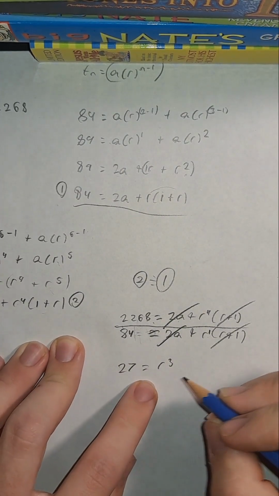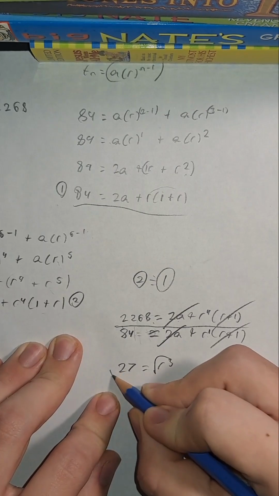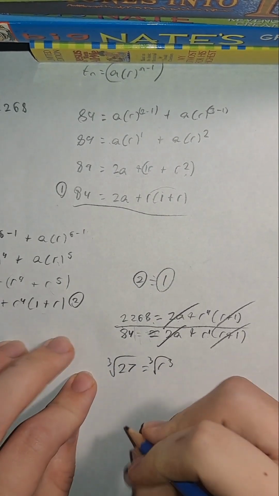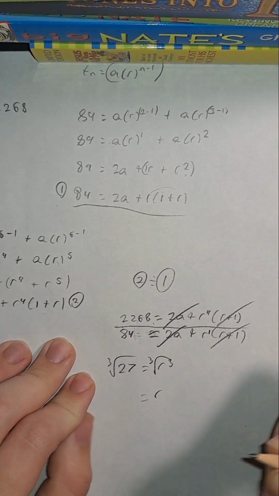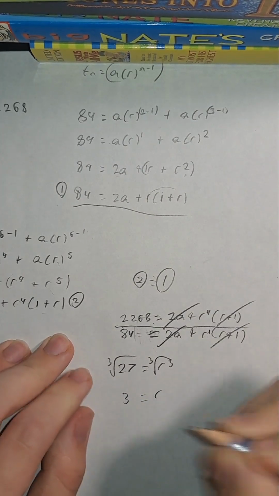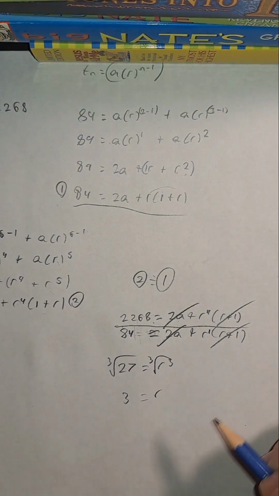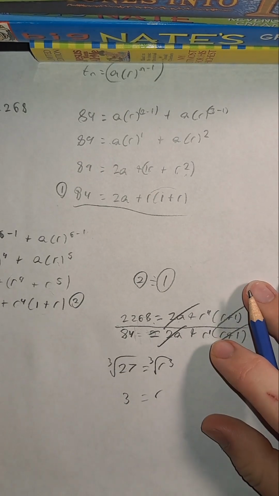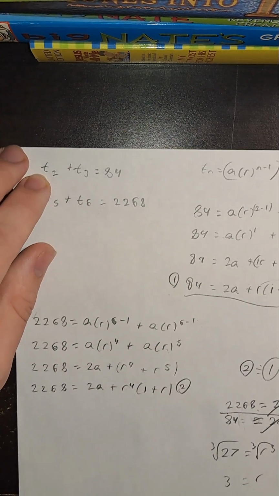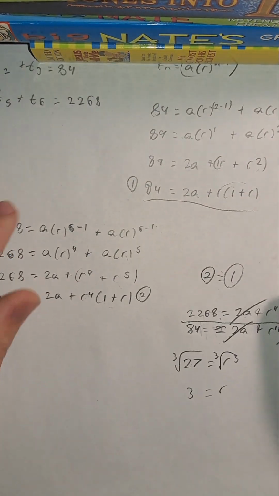To get rid of that 3rd power, we take the cube root, and that gives us r is equal to 3, because 3 cubed is 27. So that means r in this sequence is equal to 3.